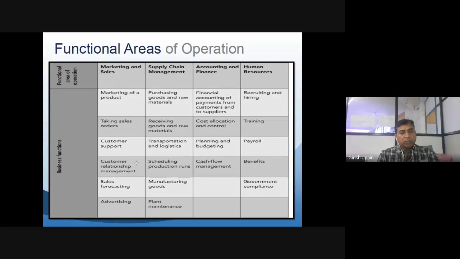Why is customer relationship important? Once you identify a potential customer, if you fulfill his needs, that particular customer will be repeatedly coming to the company for the sales.